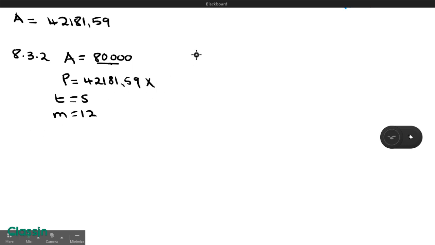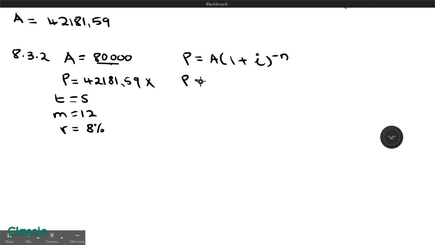And because we are looking for P, we can simply say P is equal to, we want to know how much must he invest. So it means the initial amount that he has to put in. So we can say simply P is equal to A into 1 plus i to the power of negative n. Remember I said if you start with P, the n must be negative. But the rate that the bank offers is 8%.